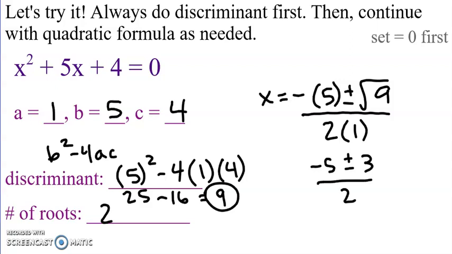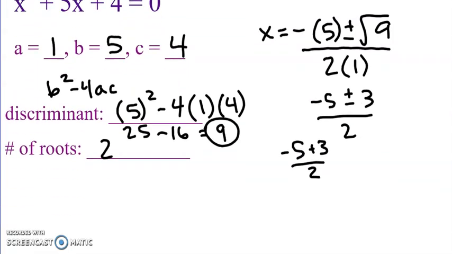All right, we would like to simplify this a little bit more. This is technically negative 5 plus 3 over 2, and negative 5 minus 3 over 2. So the first one, we get negative 2 over 2, which simplifies to negative 1.